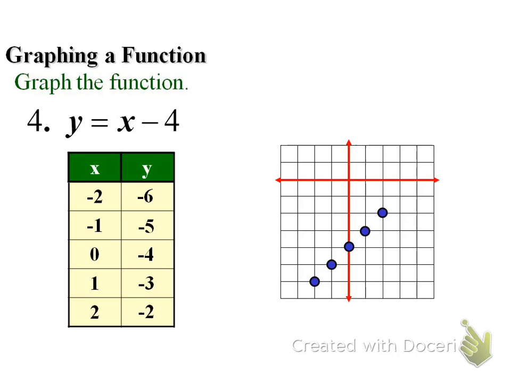Anyone need any more explanation on how I got these points? I'm assuming you guys are pretty good at graphing by now. So the first thing you want to do, just to recap, you plug in the x values, that'll give you the y values. Graph each of those points, connect it with a line, arrows on the end. What are your questions?